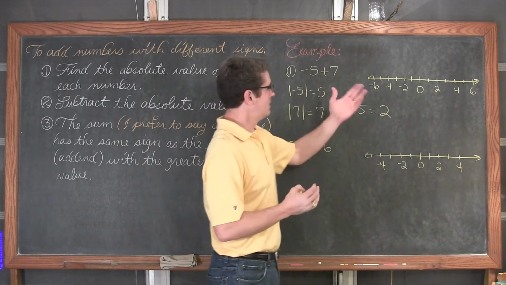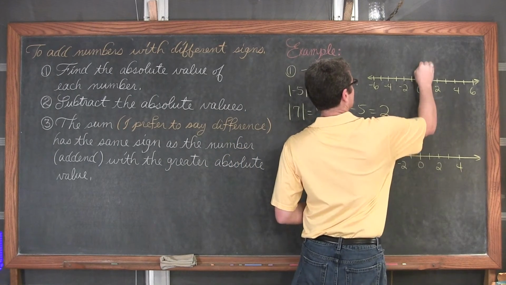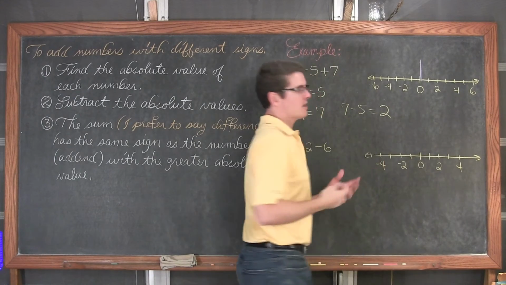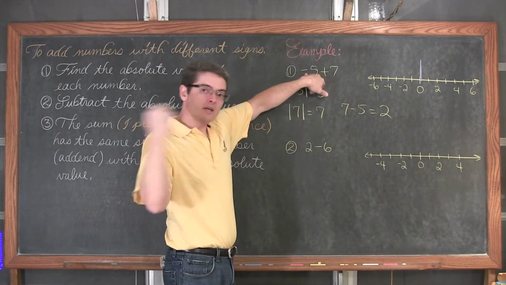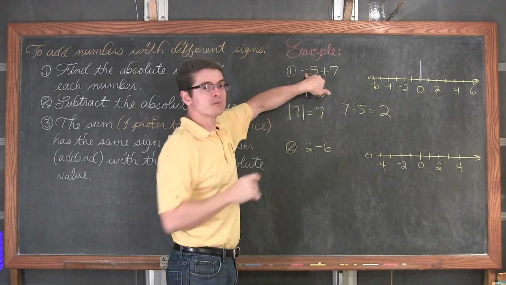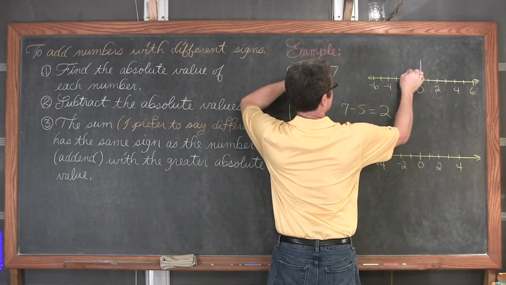Or visually, on a number line, starting with our value of 0, the center of our number line, we have -5 and a positive 7. Negative numbers are to the left, positive numbers to the right, so move to the left 5 spaces. So 1, 2, 3, 4, 5.